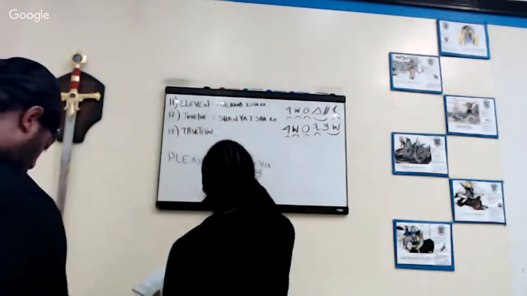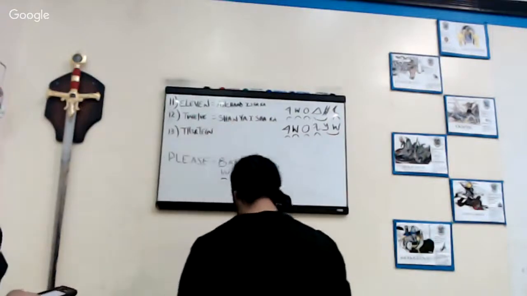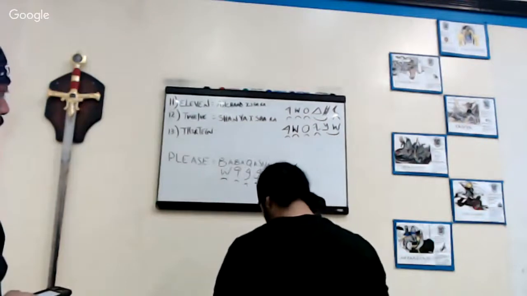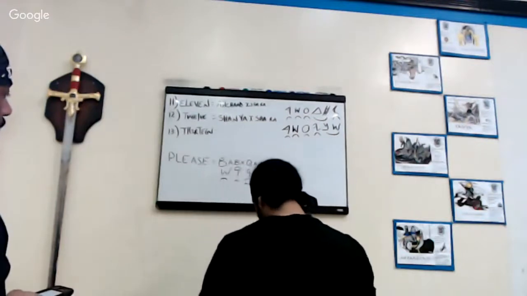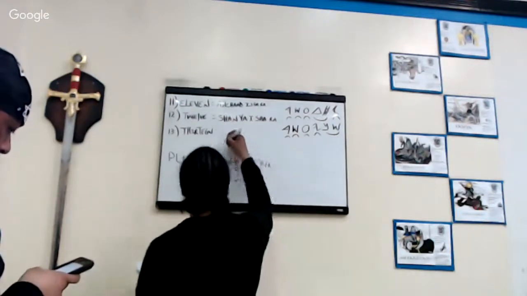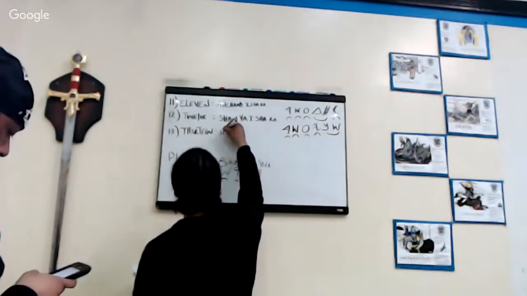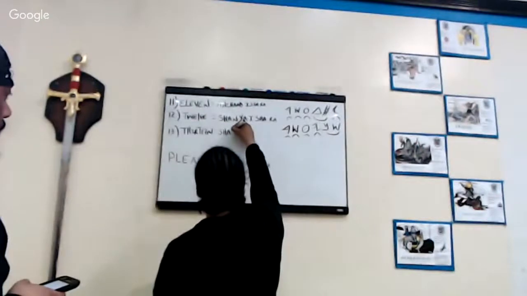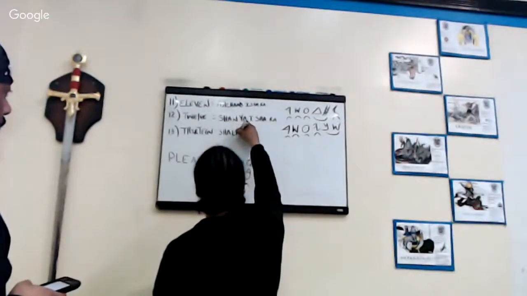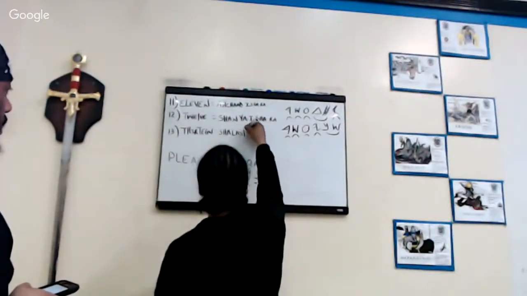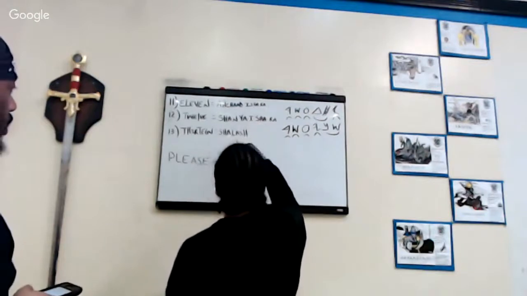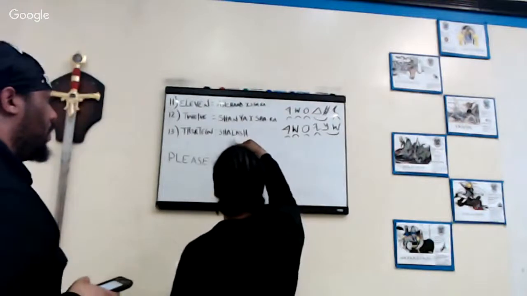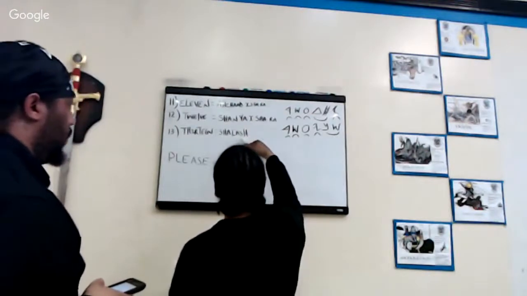Now, what was number 3 in the ancient alphabet of Hebrew? Shalash. Right. What did you have before?